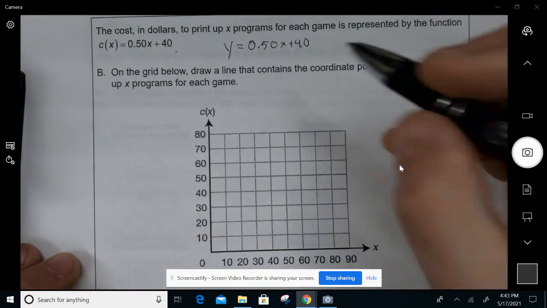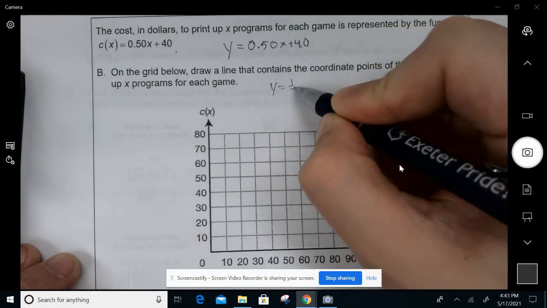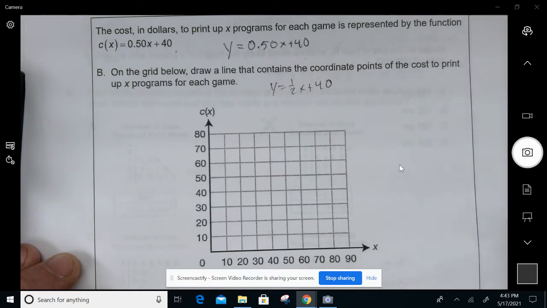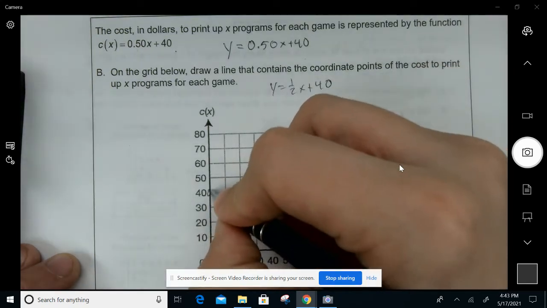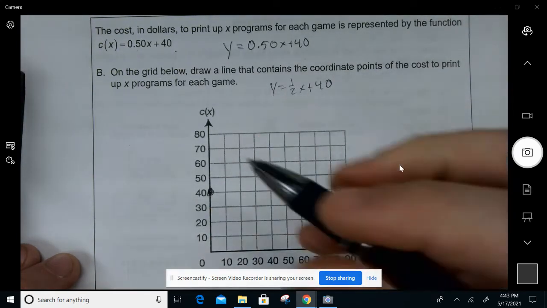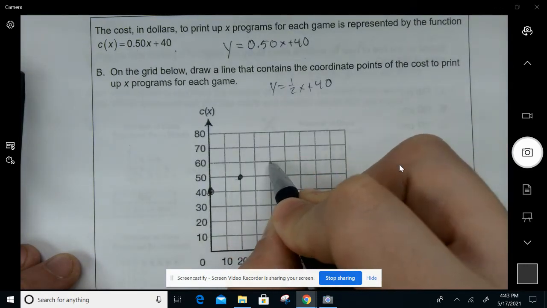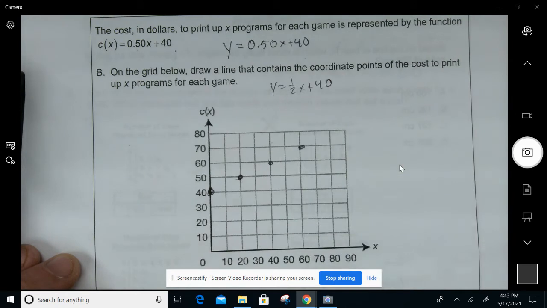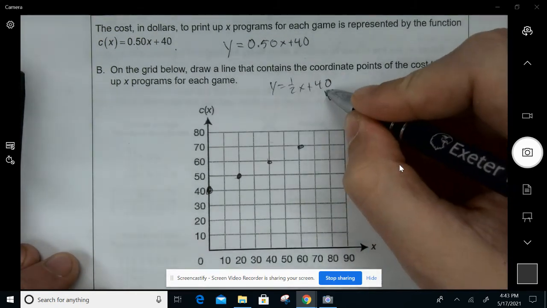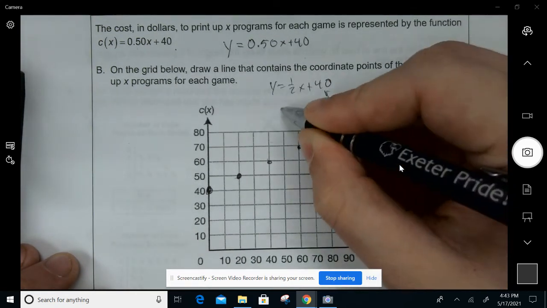You could even change it to 1/2 x if you want. Starting at $40, it's 50 cents for every program. So up 1 over 2, up 1 over 2, up 1 over 2. This is the y-intercept and this is the slope.